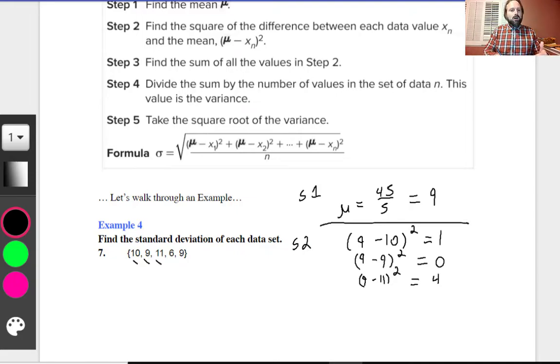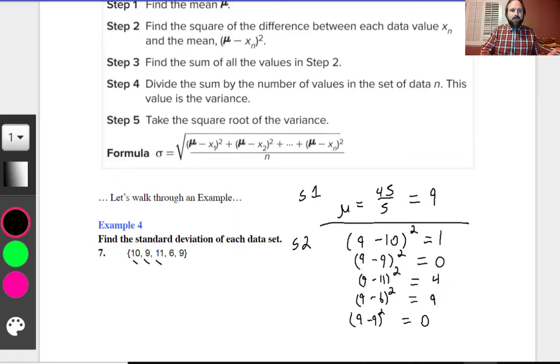And so on until we finish up with every single number. 3 squared is 9. And then 9 again. 9 minus 9 squared is equal to 0. So now that we've finished step 2, we found the squared differences between the values right here.